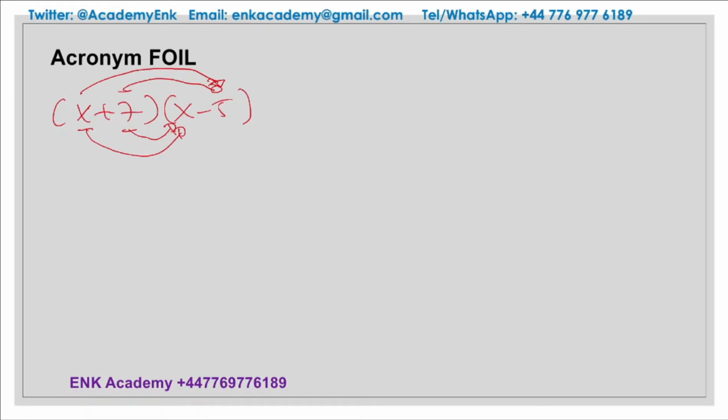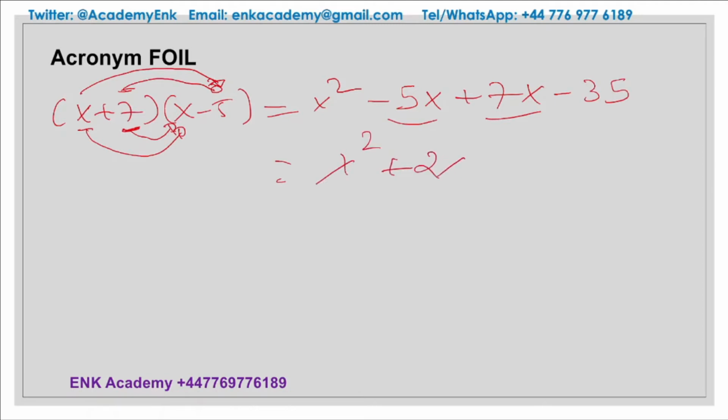So the first one, x times x, will give x squared. The second one is x times minus 5, which is minus 5x. The third term is 7 times x, which is plus 7x. The last term is 7 times minus 5, which is minus 35. And then we have like terms here. We will have x squared plus 2x minus 35.